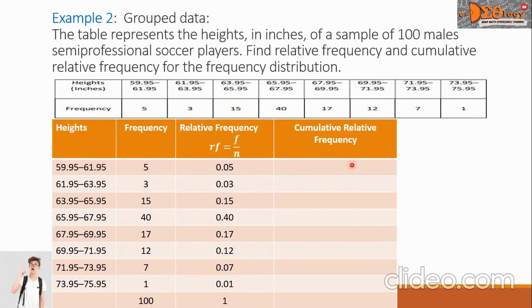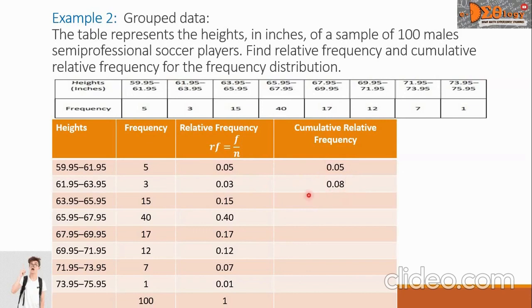Next, we will now fill in the cumulative relative frequency. For our first row, we will simply copy this 0.05. For the second row, we will add the 0.05 to the 0.03. So we have 0.08. And that pattern we will follow.